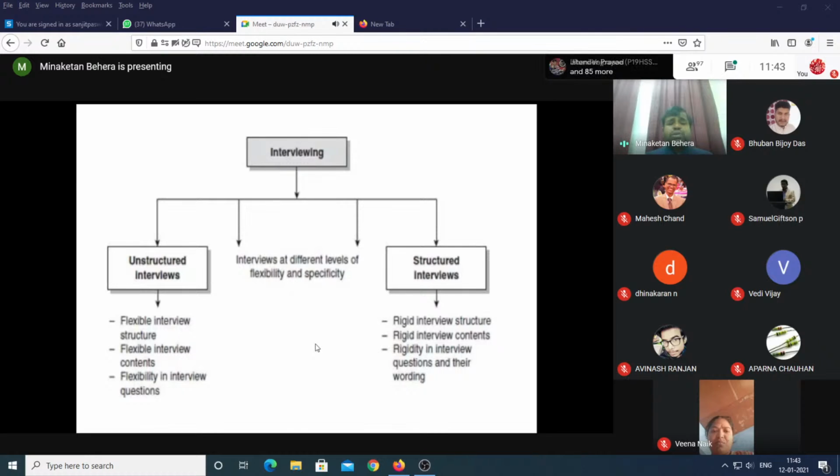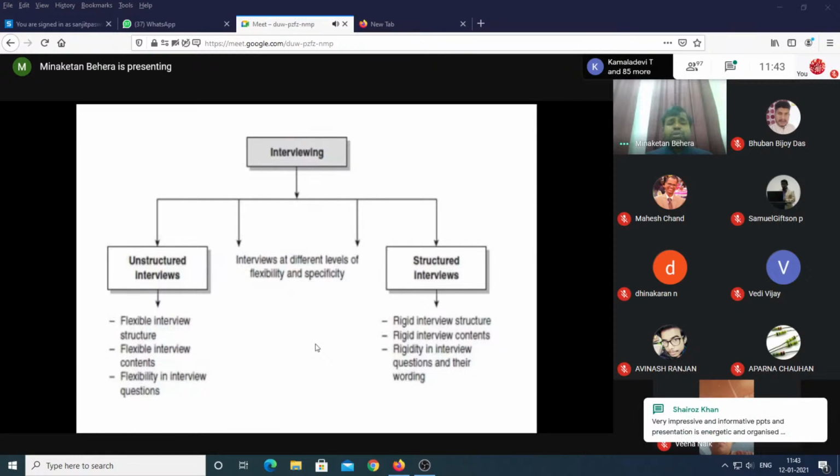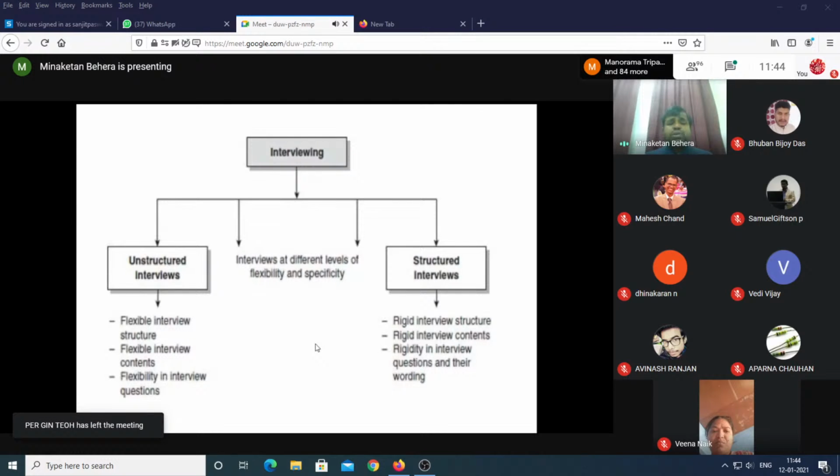In the interview, there is an unstructured interview and a structured interview. You just look at the slide and read the points. When you talk about a structured interview, you predefine a set of questions.